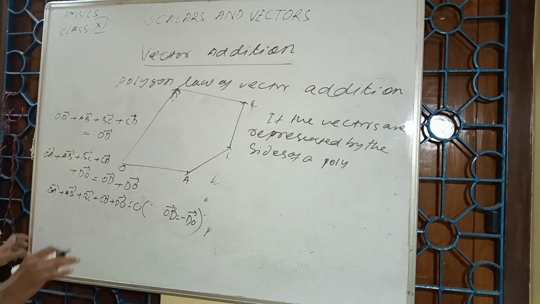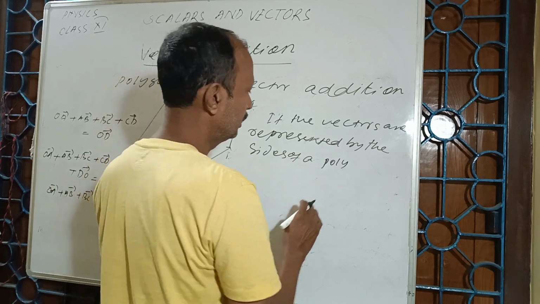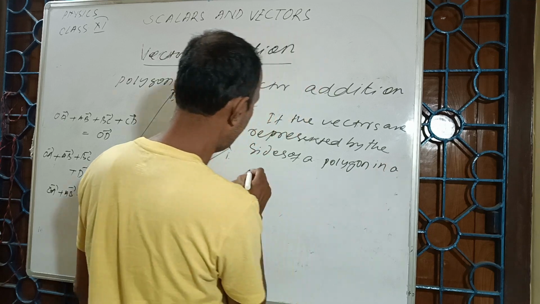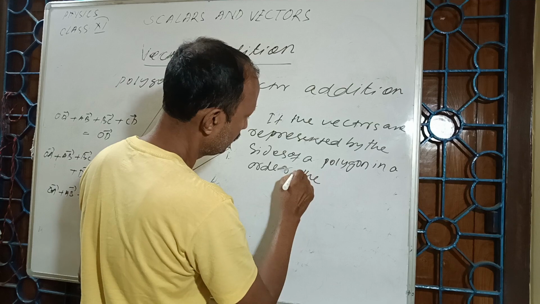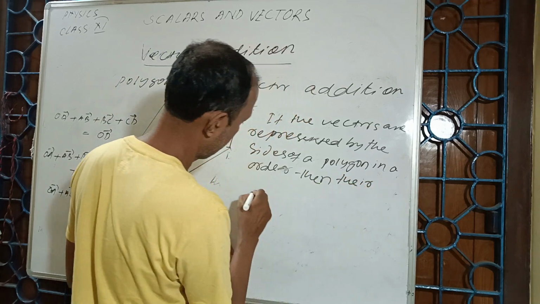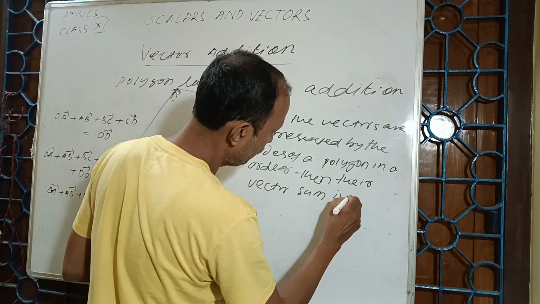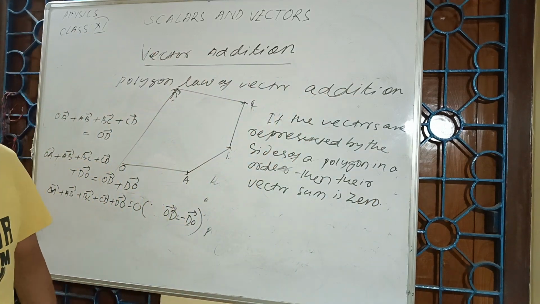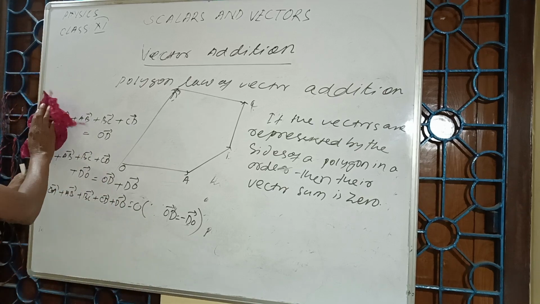So if the vectors are represented by the sides of a polygon in order, then their vector sum is 0. So this is about the polygon law of vector addition.